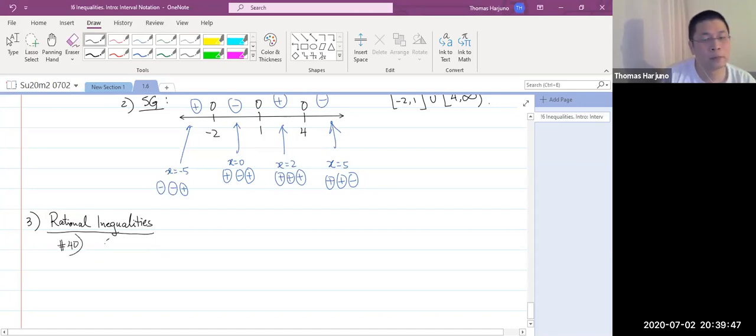Solve x plus 6 over x squared minus 7x plus 12 less than or equal to 0.